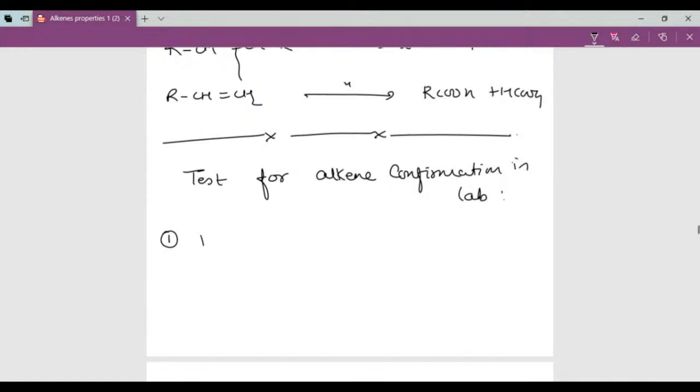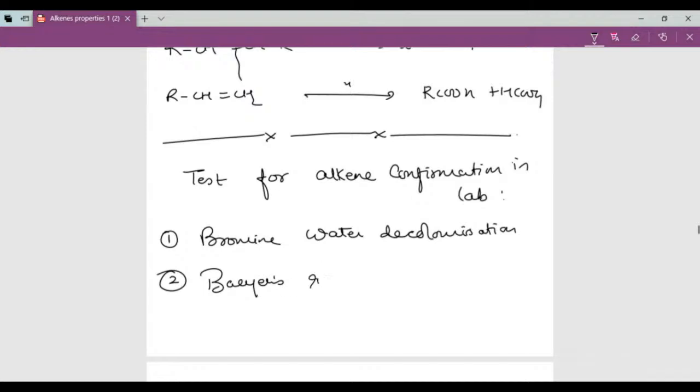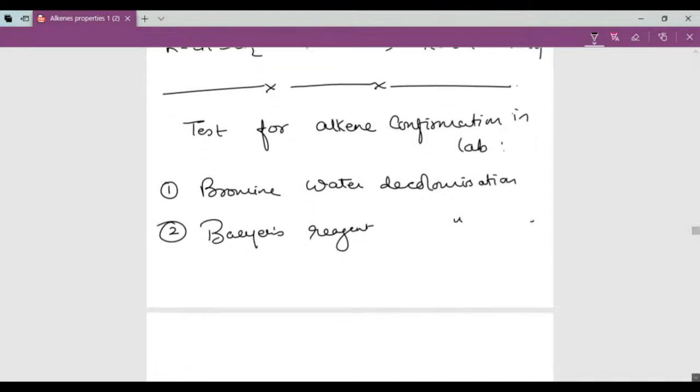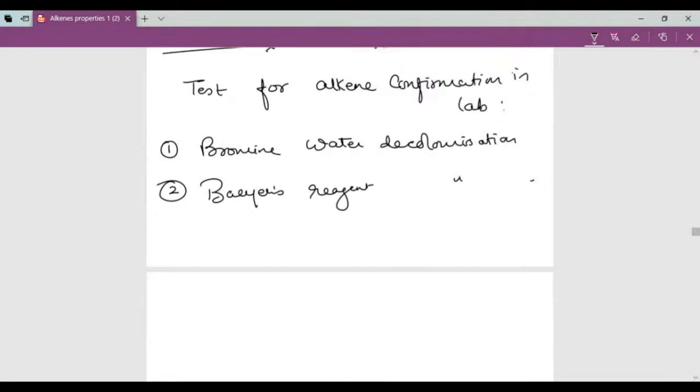First is the bromine water decolorization test, and second is the Baeyer's reagent decolorization test. These two are used as confirmatory tests for the presence of alkenes in a given sample.